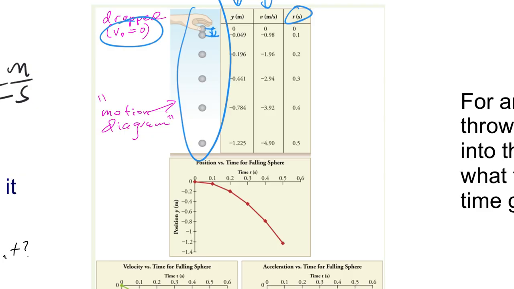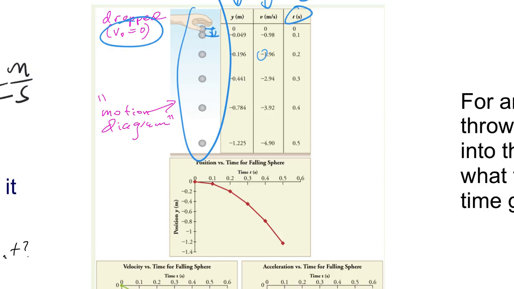So this would be VF, the second column, and their negative velocity is going downwards, so they have negative signs on them all. And this is the time from the drop time. So this is just plain old t in seconds. Now we can solve for all this using the kinematics equations, and we will pretty soon.